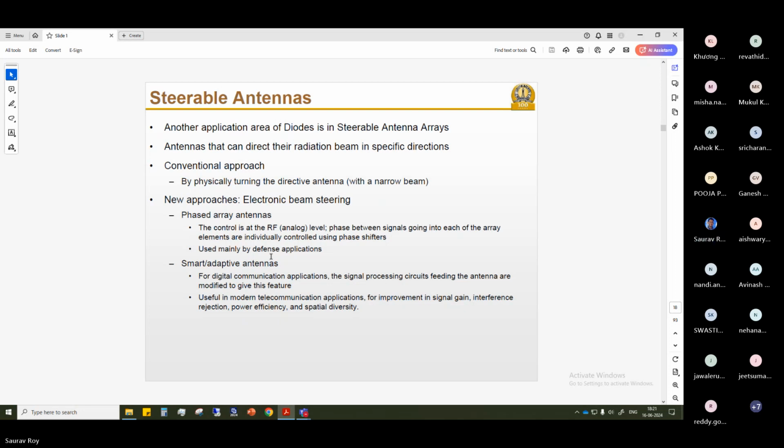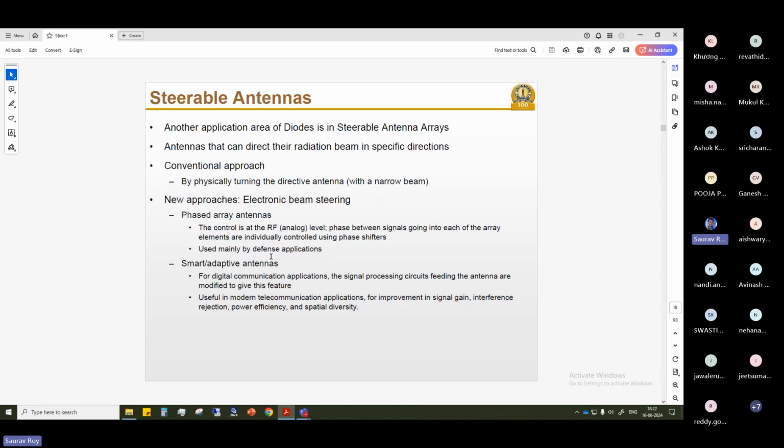So conventionally, like in very old days, what people used to do, even nowadays also, you must have seen a radar where the antenna or the radar whole system is rotating, right? You must have seen in ships or even near airports. You have primary or secondary radars which keep on rotating or moving. Okay, so that is also one way of beam steering, but that's called mechanical steering.